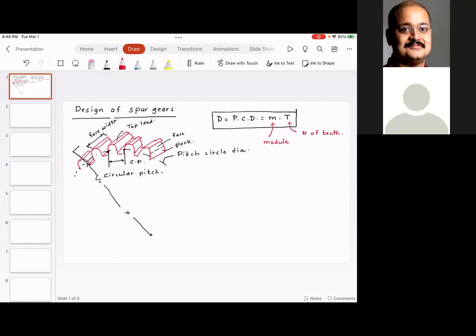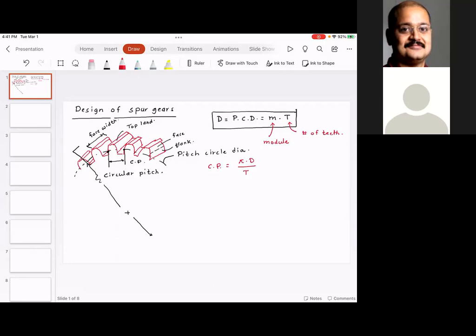If you think about it, circular pitch is nothing but the perimeter of the pitch circle, that is pi times D, divided by the number of teeth. So circular pitch, CP, is equal to pi times the diameter, which is the pitch circle diameter, divided by T, which is the number of teeth.